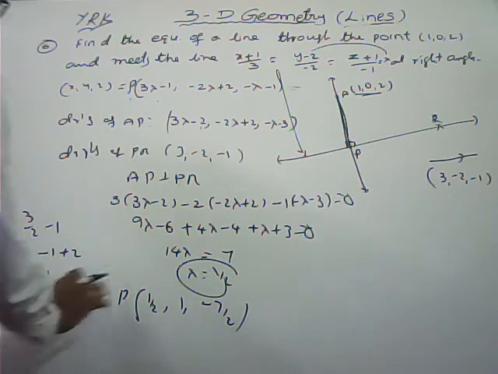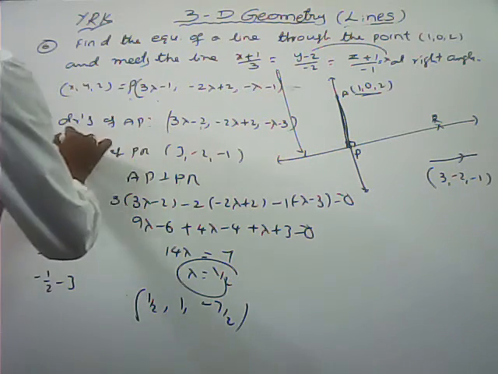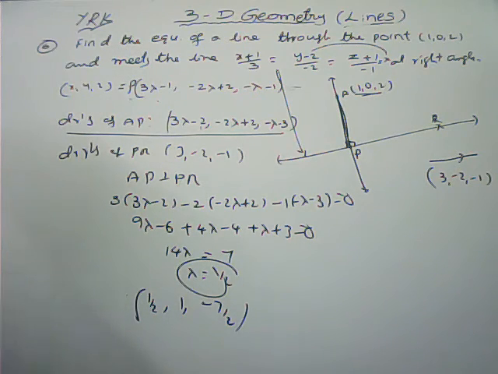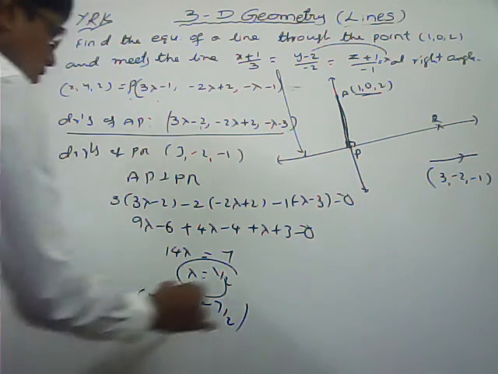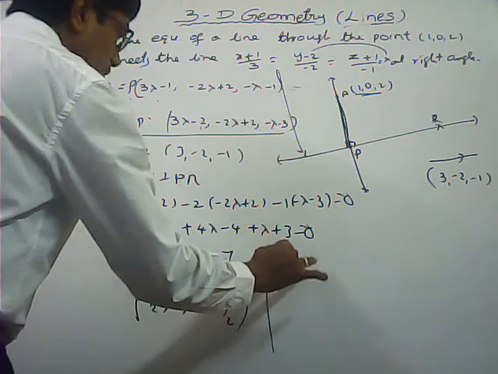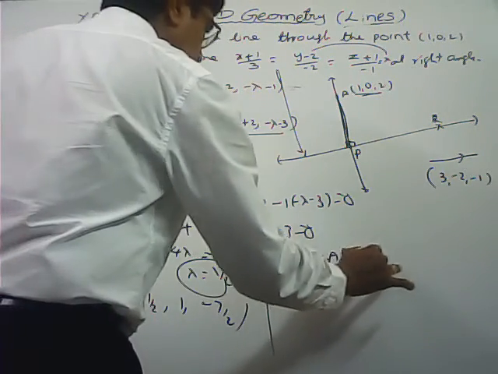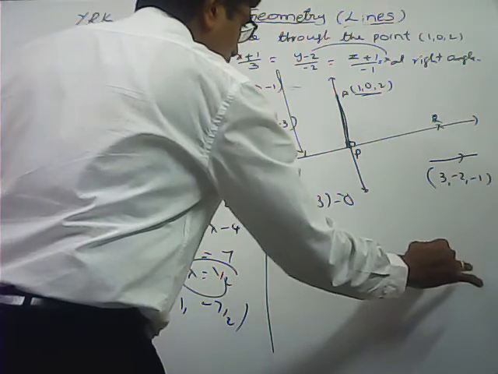This is not P, here I substituted in the DRs of AP. So here the DRs of AP, what I got is 1 by 2, 1, minus 7 by 2.